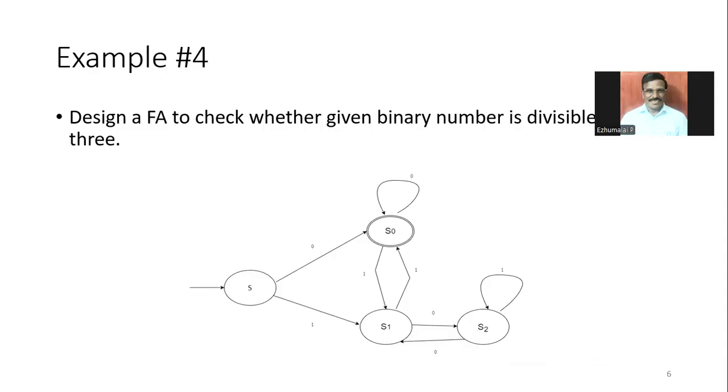From S1, if you give 1, it goes to S0. From S1, input 0 goes to S2. From S2, input 0 goes to S1. Similarly, from S2, input 1 goes to S2. So whatever input you give, if it is divisible by 3, it will reach the final state. So we conclude that any binary number divisible by 3 is accepted by this automata.